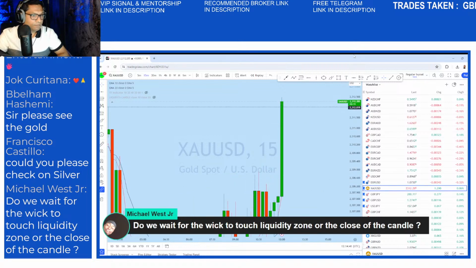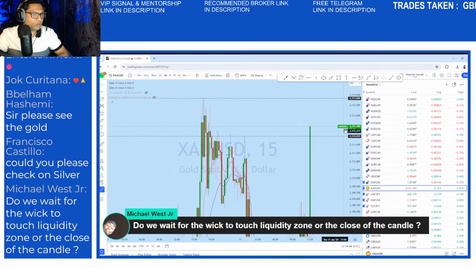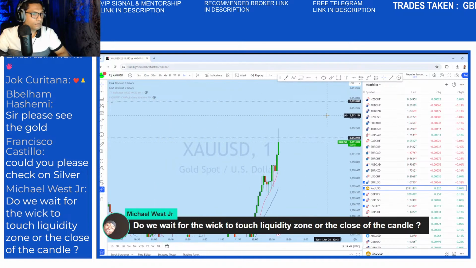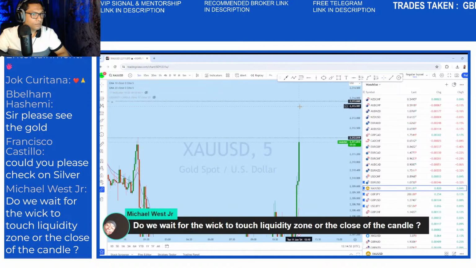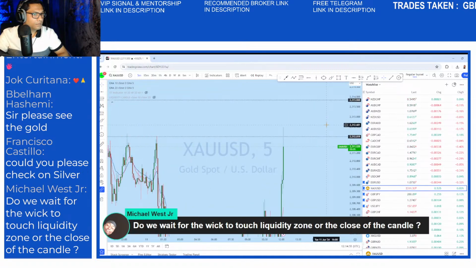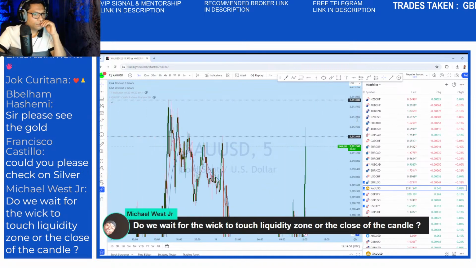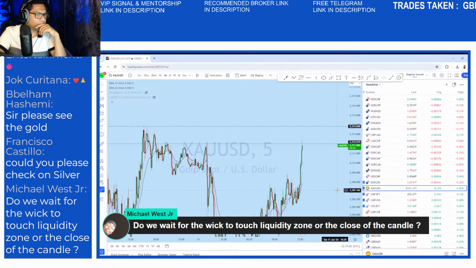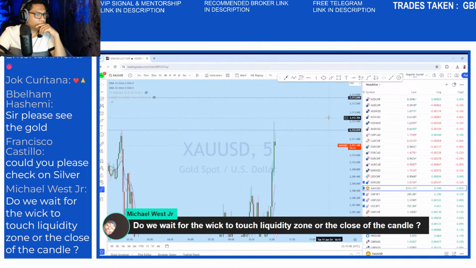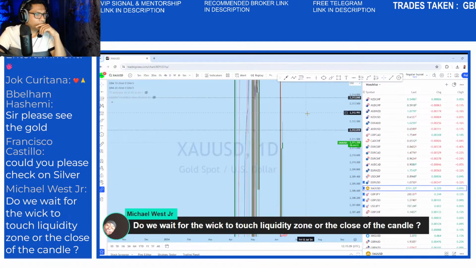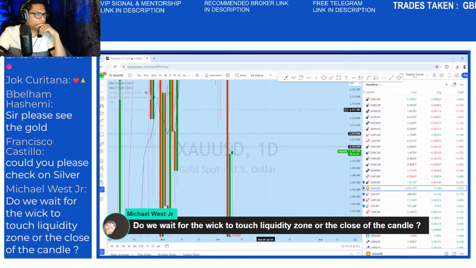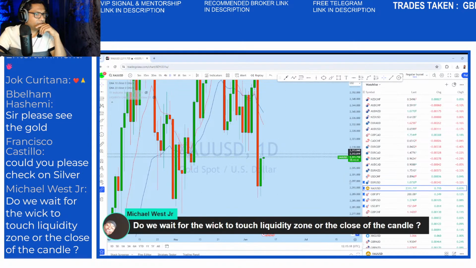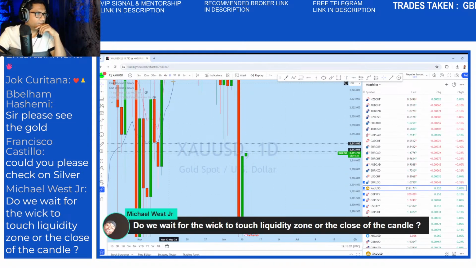So here is a pin bar, a complete breakout. We are expecting it to break further and then to drop back again.